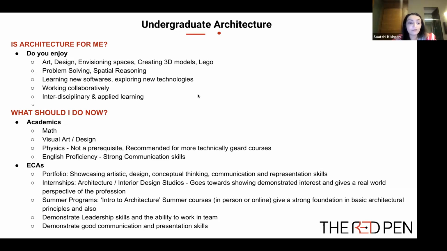Extracurriculars are a very, very, very important part, and I can't stress this more. Your portfolio is basically a reflection of who you are as a designer and an artist. Having said that, it's not important to have Zaha Hadid level work as a 16 or 17-year-old. They don't want to see fancy models or beautiful art.